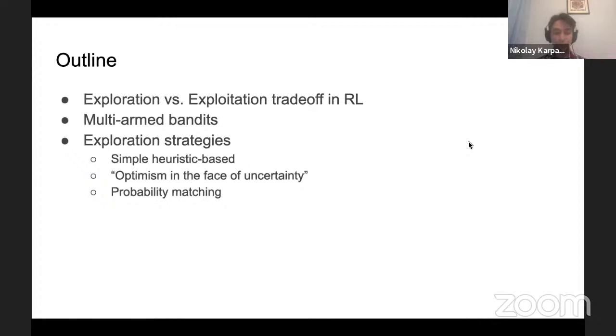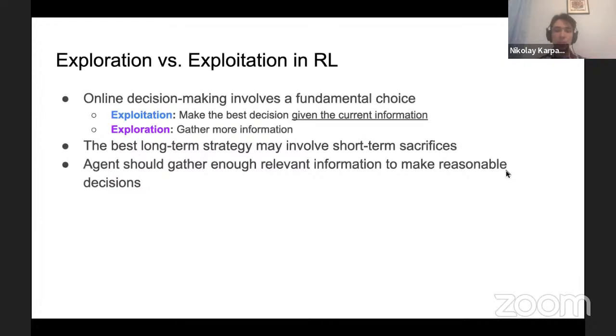Once again, I hope by this phase of the course, you already know what we need exploration for, why this problem occurs during training of reinforcement learning models, and what the basic tools are to incorporate exploration into training. But just to give a brief review, let's discuss it once again.